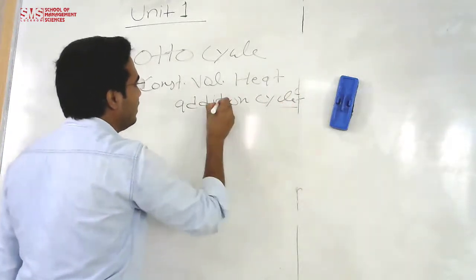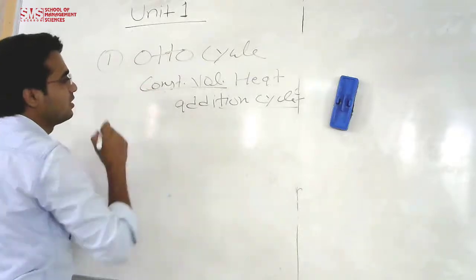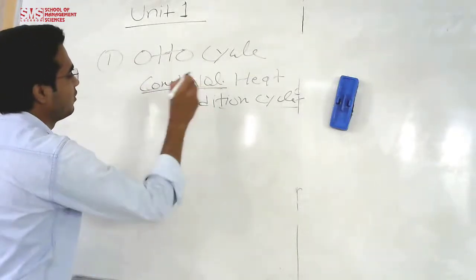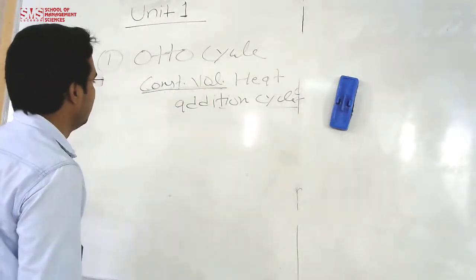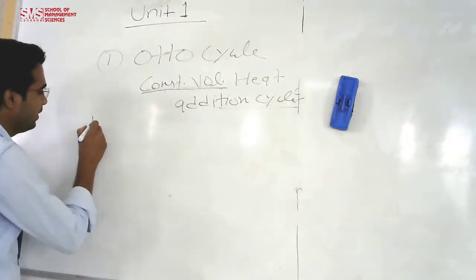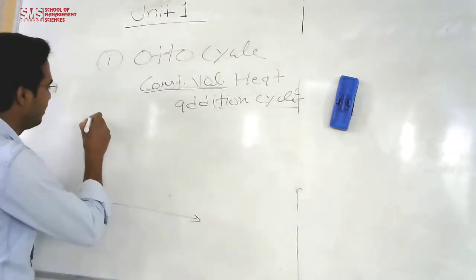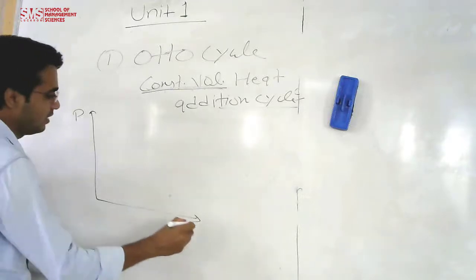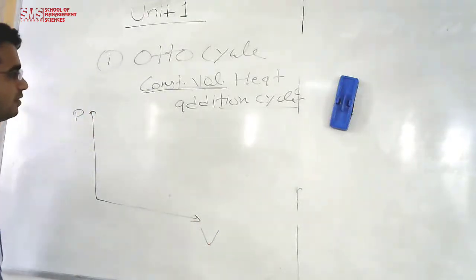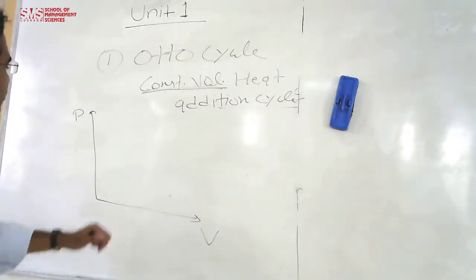So here heat will be added at constant volume. This much is clear. Now draw the PV and TS diagram of Otto cycle. This is a very important diagram for your exam.